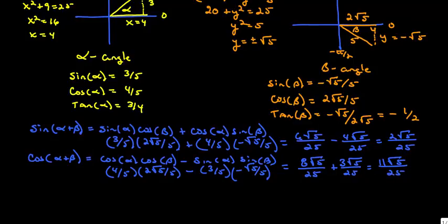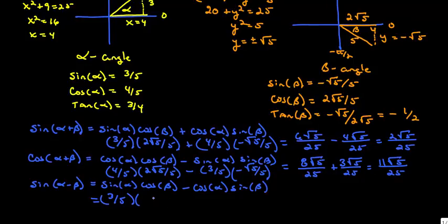We have sine of alpha minus beta. So that's going to be the sine of alpha cosine beta minus the cosine alpha sine beta. So sine alpha here is 3/5.